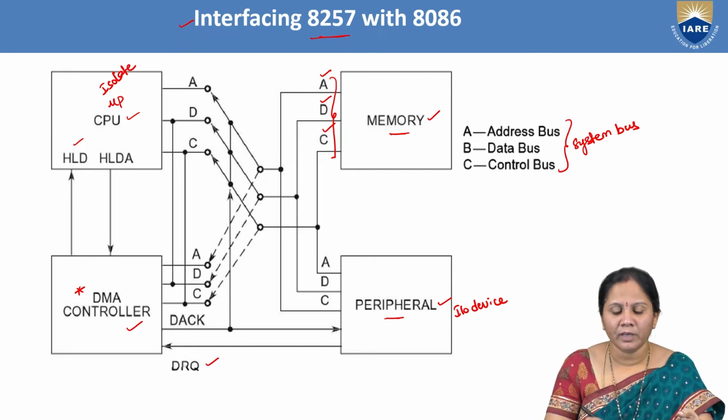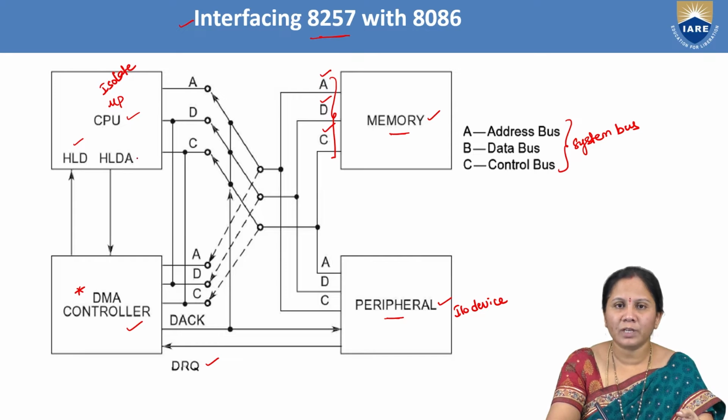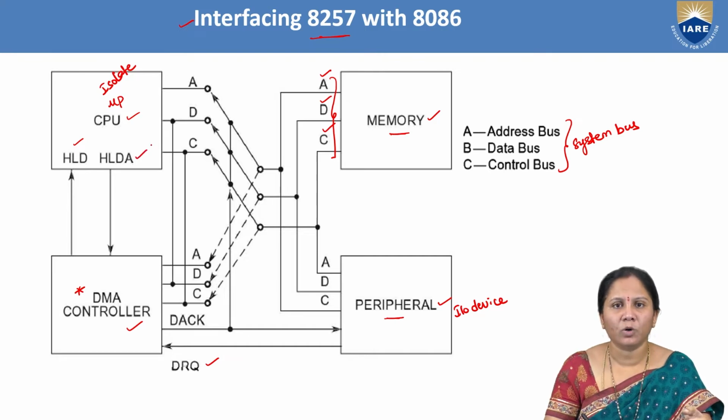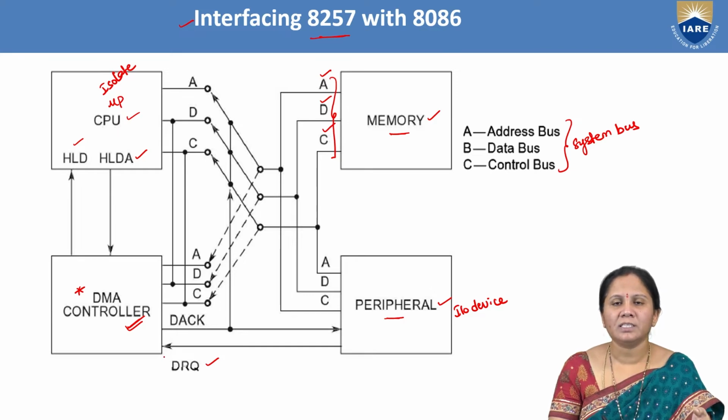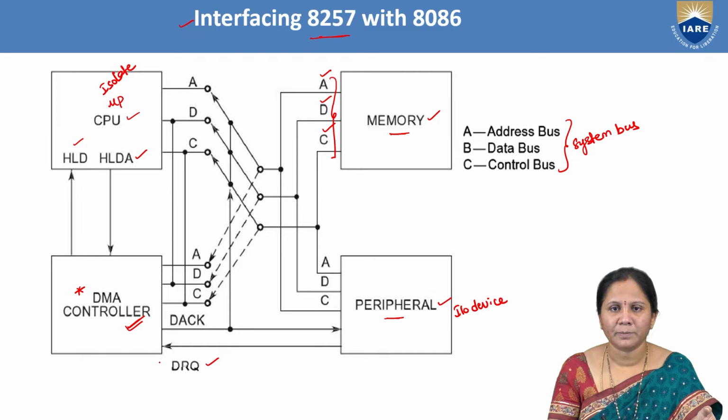If the microprocessor is willing to release the system bus access to the requested DMA controller, it is going to send the hold acknowledgement signal to the DMA controller. Once the DMA controller receives the hold acknowledgement signal, it means the CPU has released the system bus and the DMA controller has taken it.